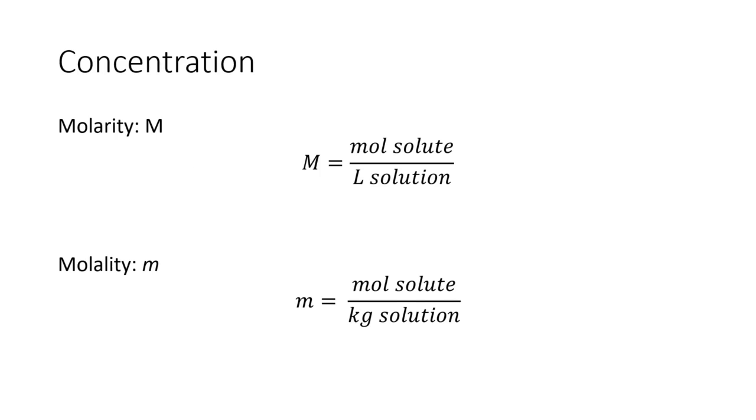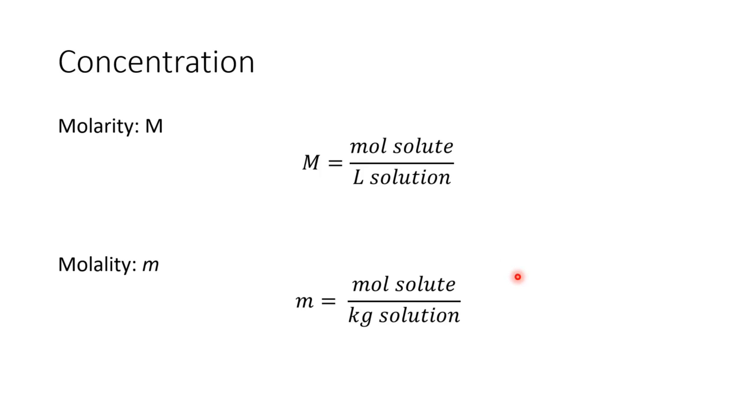When we're talking about solutions, we often want to know the concentration of a solute in the solution. And in chemistry, the one we use most is molarity. The symbol for molarity is a capital M, and of course it means the moles of solute per liters of solution.